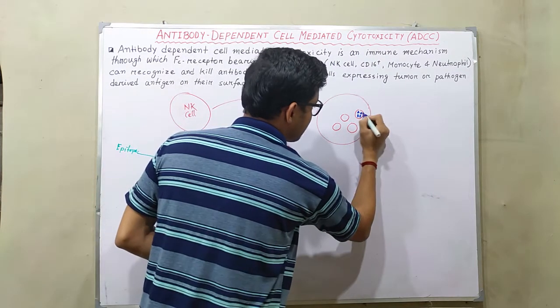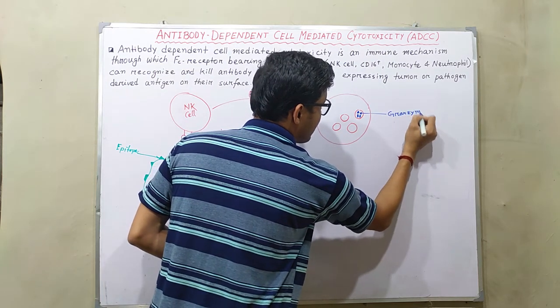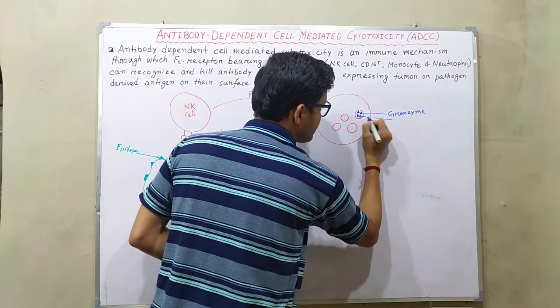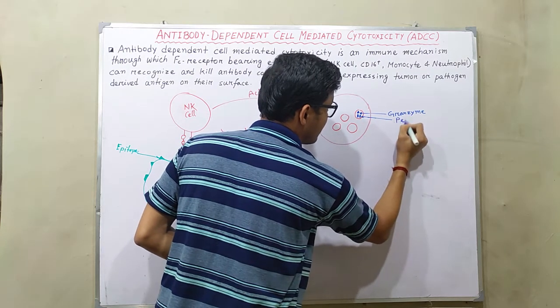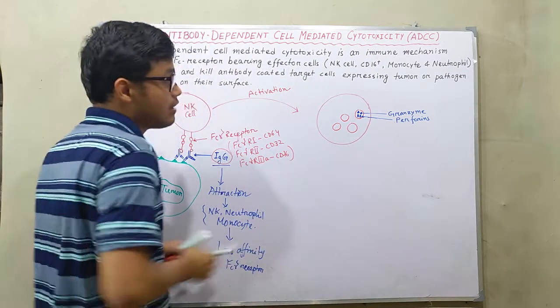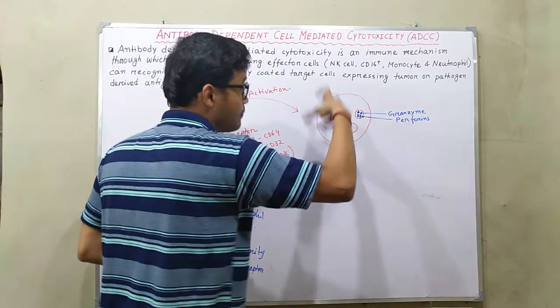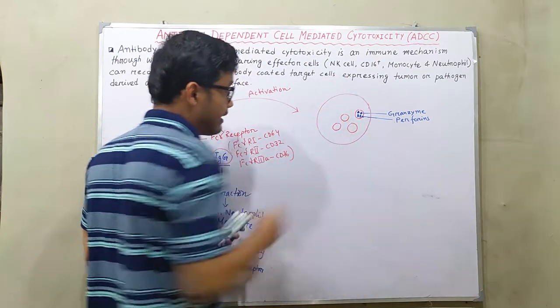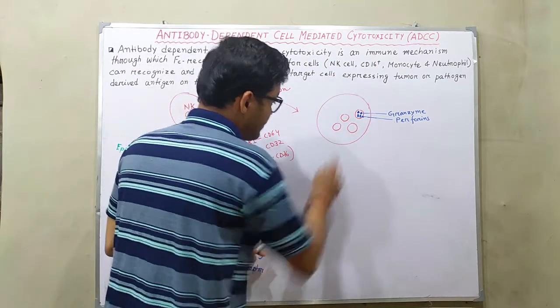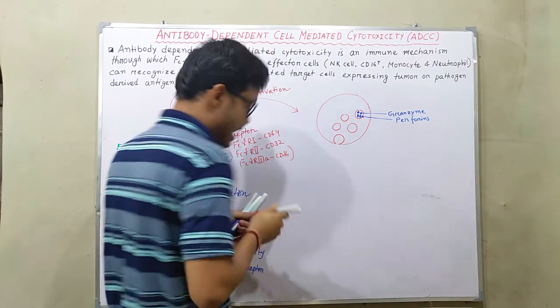Those enzyme granules contain some enzymes or proteins known as granzymes and also perforins. These perforins and granzymes are accumulated within the NK cells, and they are fused with the NK cell membrane.